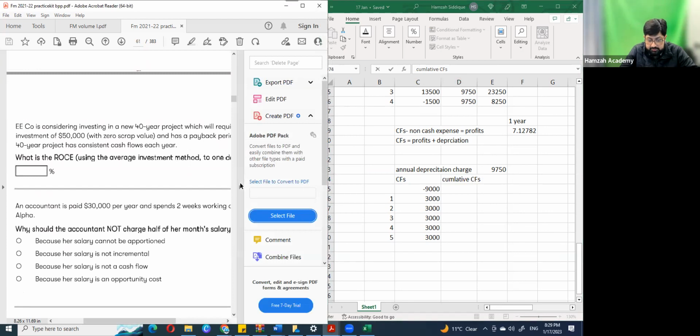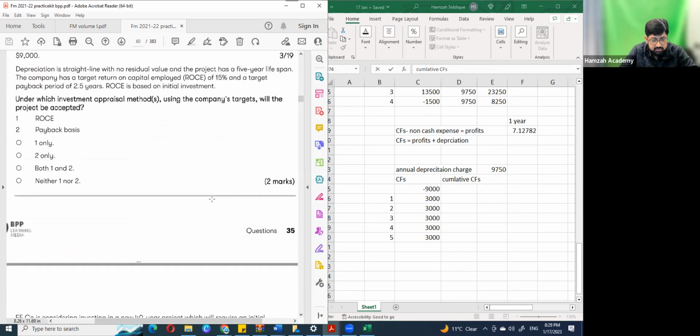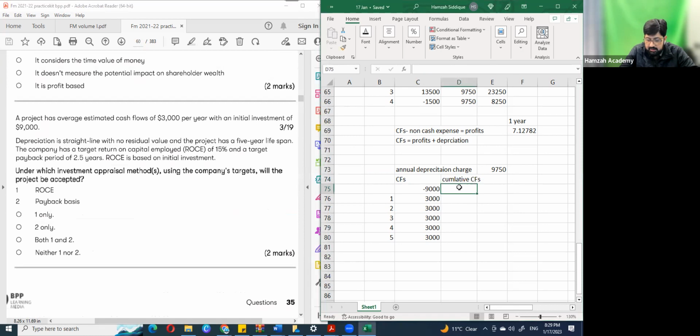Now, you see here. So the payback period of the project is 3 years.